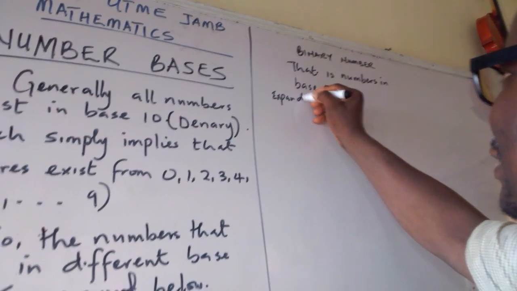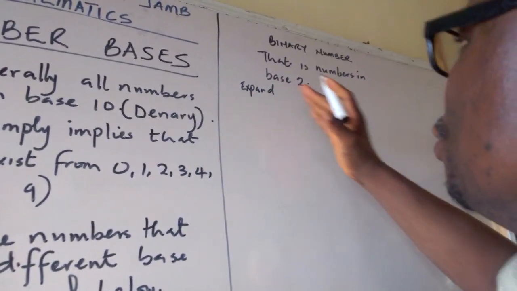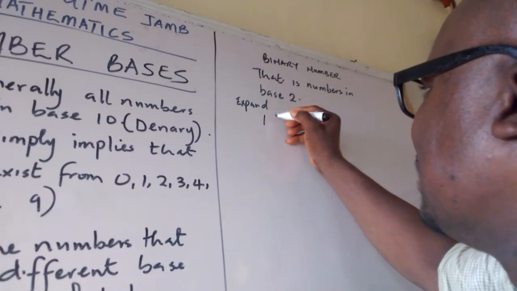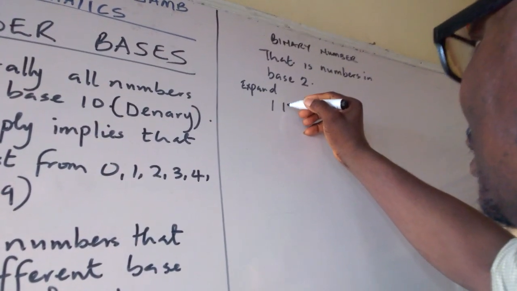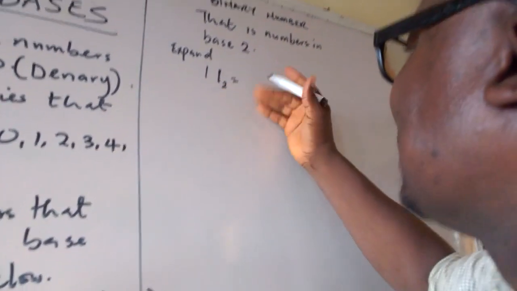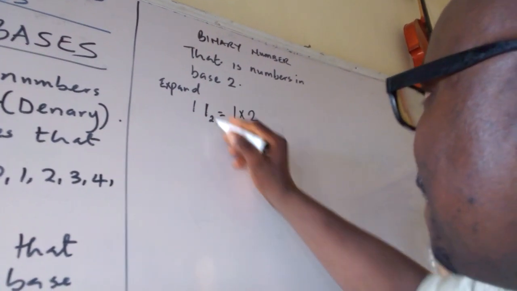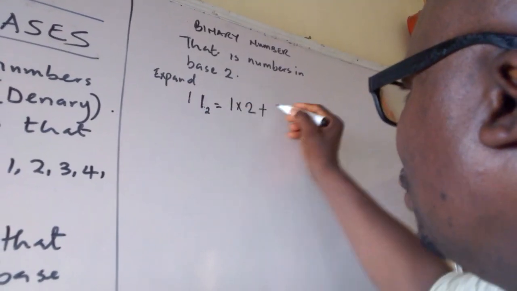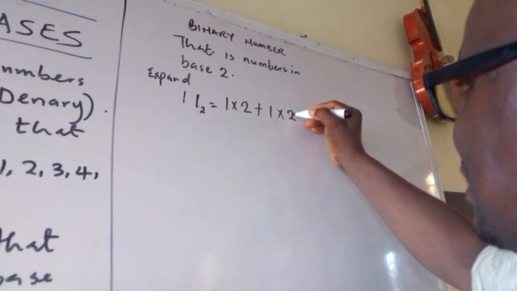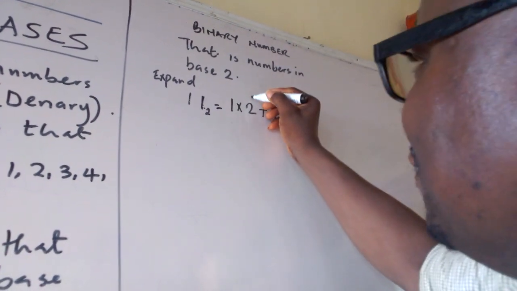When you are solving any number in bases, the first rule is to expand to base 10, no matter the question. So if I say 1, 1 base 2, for instance, and I am asked to expand, I will say 1 times 2 plus 1 times 2. The first 2 here, we give it an index of 0, and this one an index of 1.